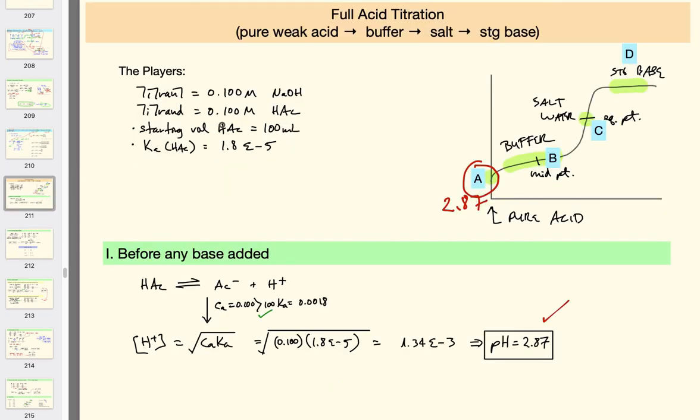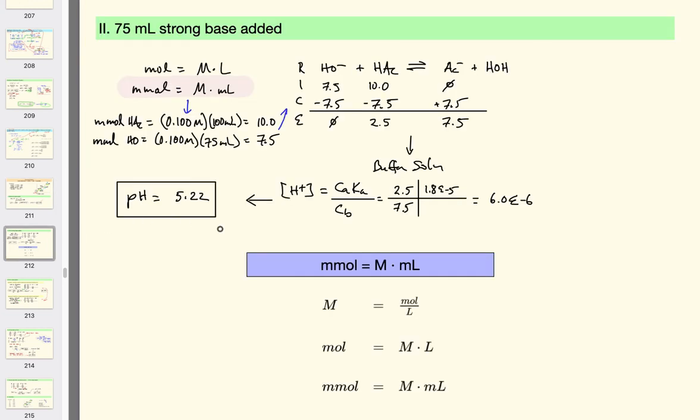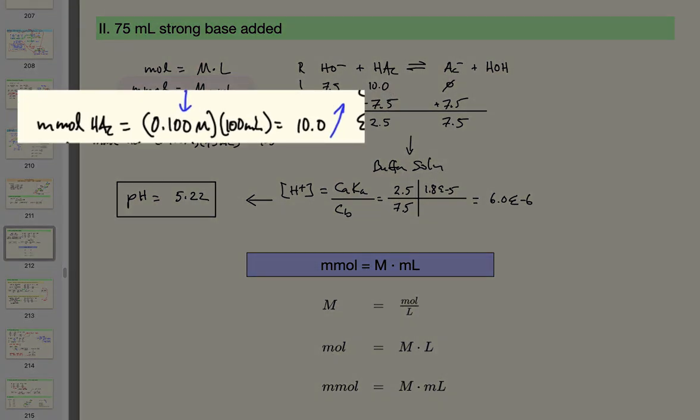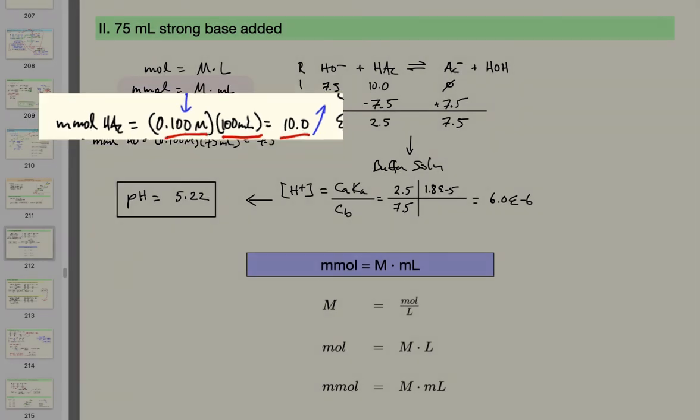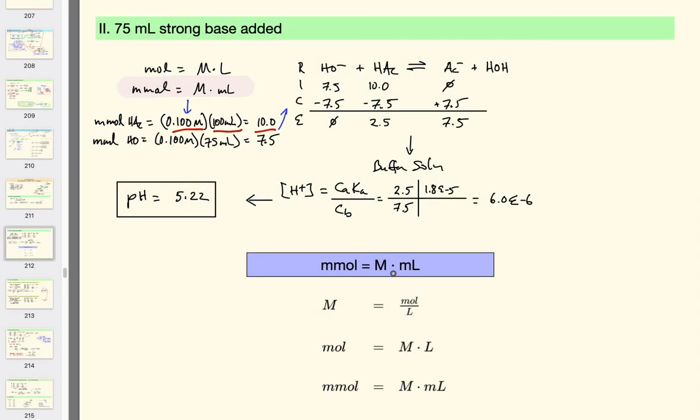So we're starting out with 10 millimoles. How do I get that? Well, I've got 0.1 molar, and I'm starting out with 100 mils. That's 10 millimoles.